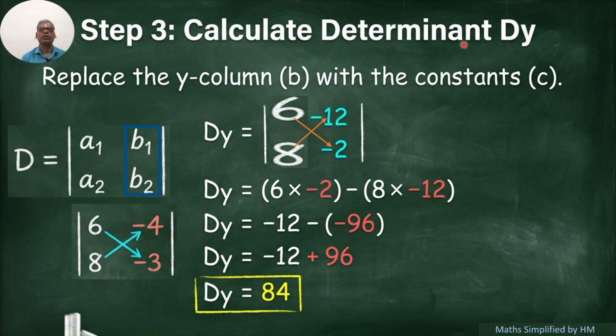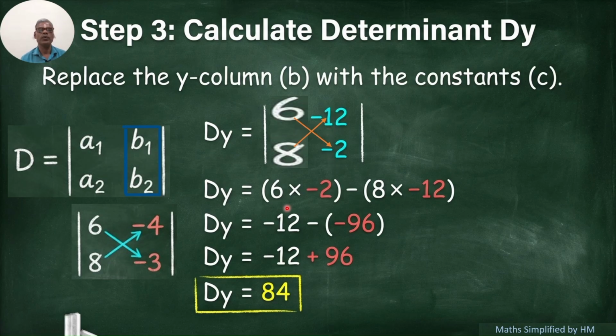Step 3, calculate determinant Dy. Replace the y column b1, b2 with constants c1, c2. Our determinant a1, a2, b1, b2 is 6, 8, minus 4, minus 3. So replacing this minus 4, minus 3, we get the Dy determinant as 6, 8, minus 12, minus 2.